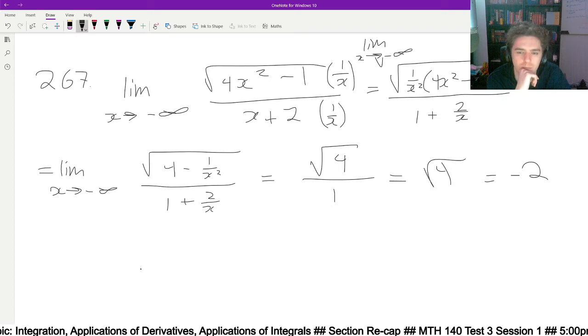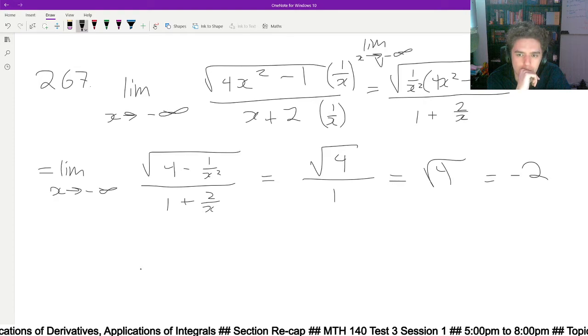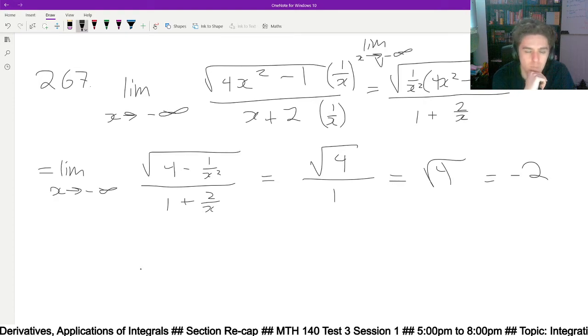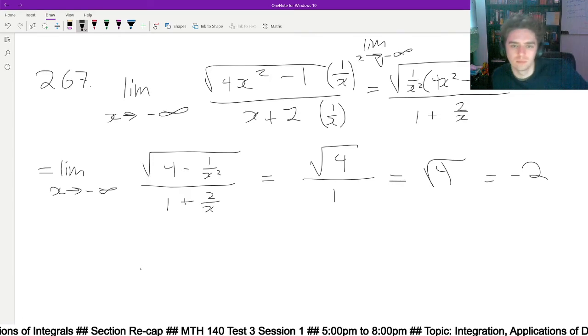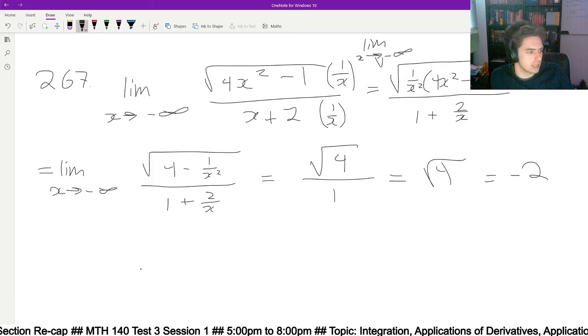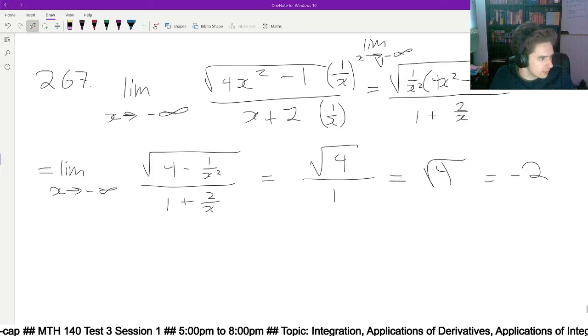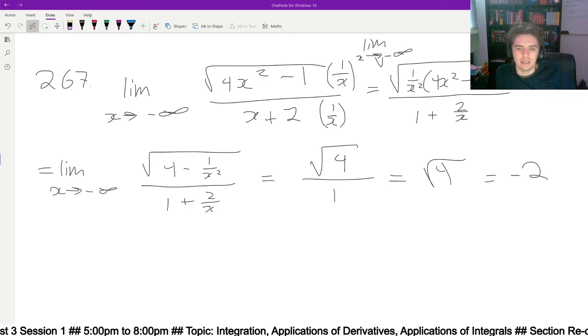In Saeed's class, over the root he factored out the x squared and then he squared it out, so it becomes absolute x. So when it goes to negative infinity, it becomes negative x. Yeah, that's how James did it. That makes sense.